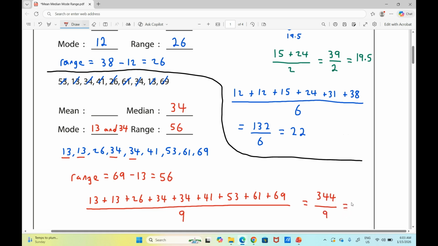And upon doing so, I'm going to get 38.2 repeating. If I were to round this to the nearest tenth, I would say it's 38.2. But if I were to not round it, I would say my answer is 38.2 repeating. And that would be my mean.